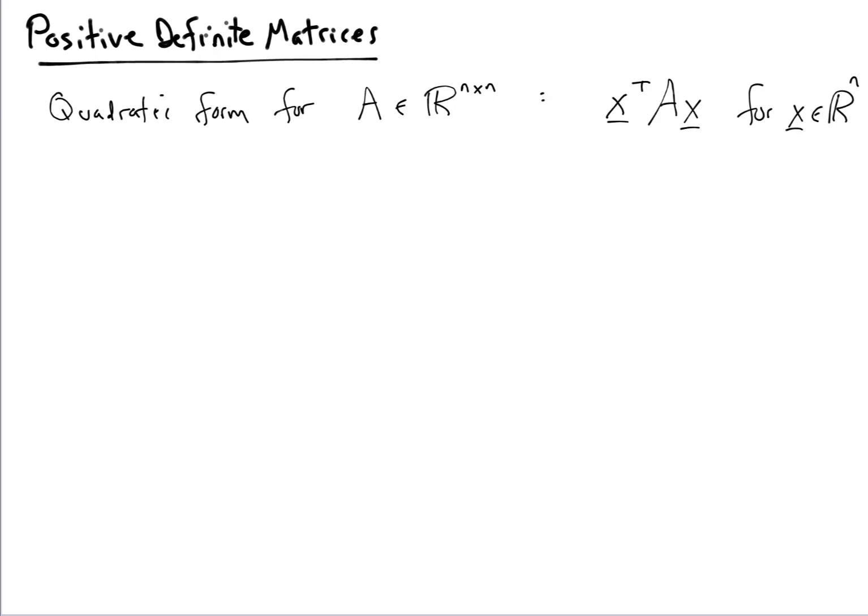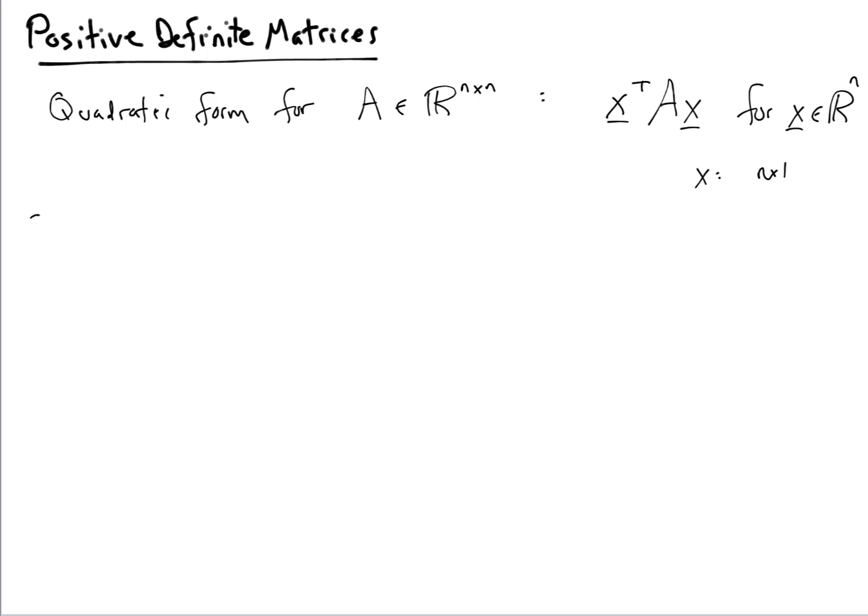And remember, x will be a column vector. So x has dimension n by 1, which means this expression is a scalar. And so the way to think of this is x is the variable. So it's a vector variable.